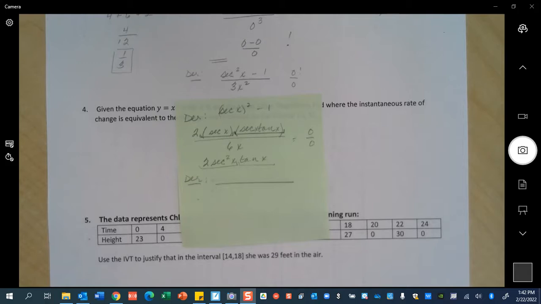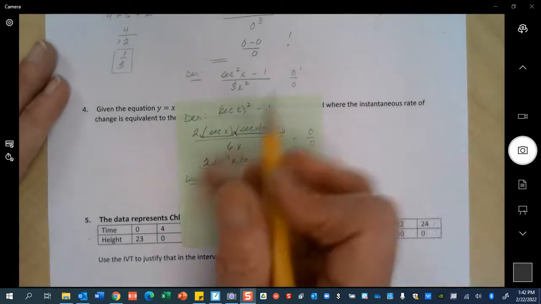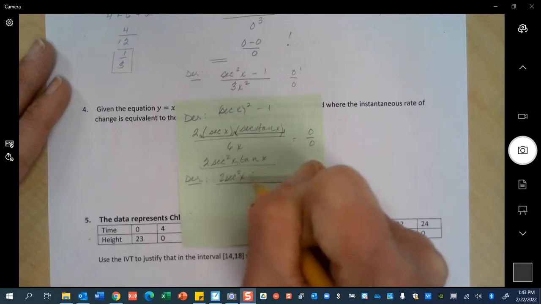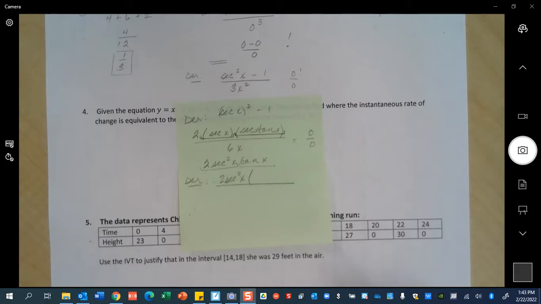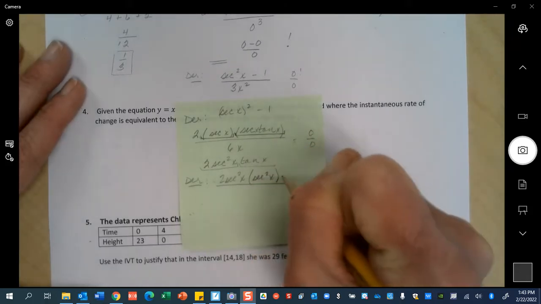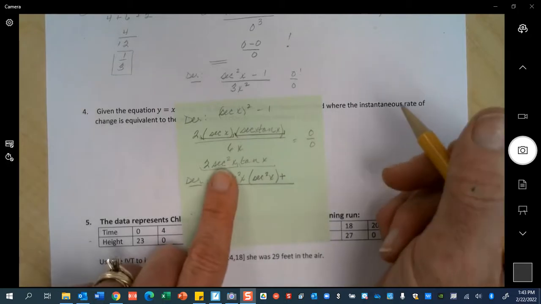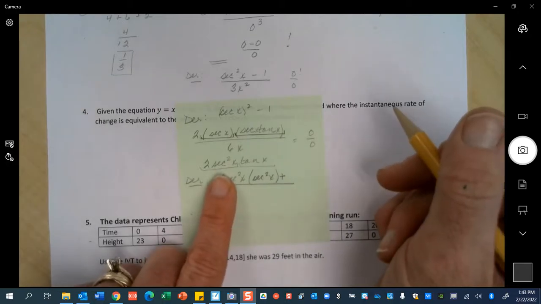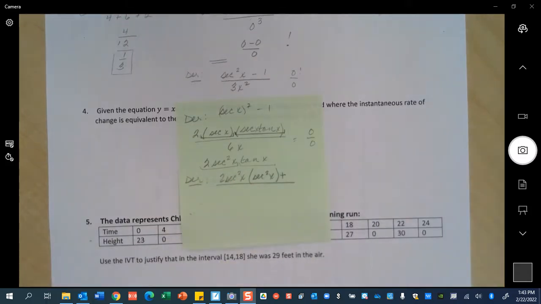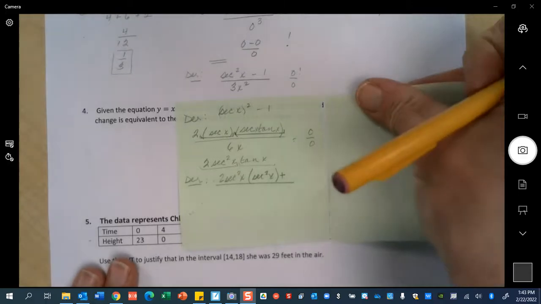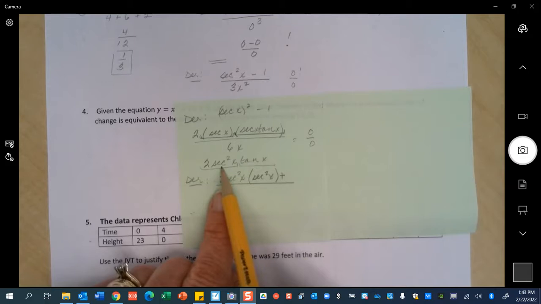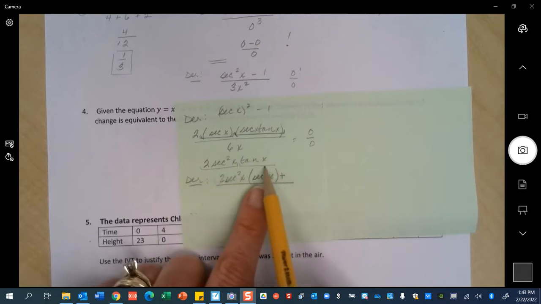Okay, so my first term is going to be 2 secant squared x times my derivative of my second. Derivative of tangent is secant squared x plus the derivative of my first. I'm going to need another Post-it. Here's my first term times the derivative of my second.